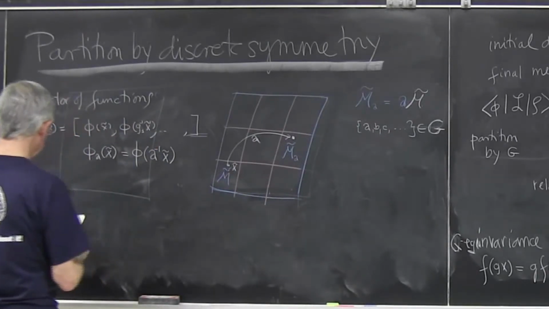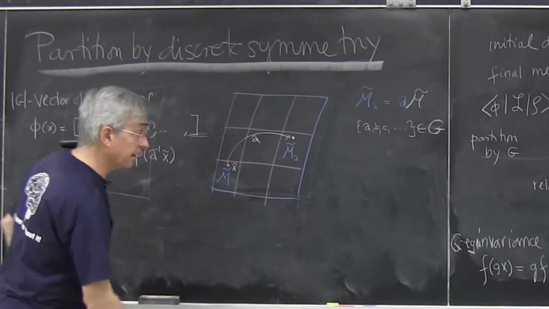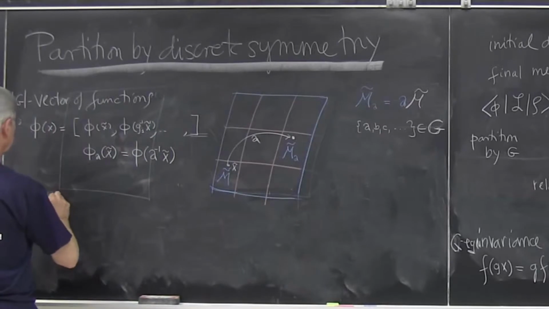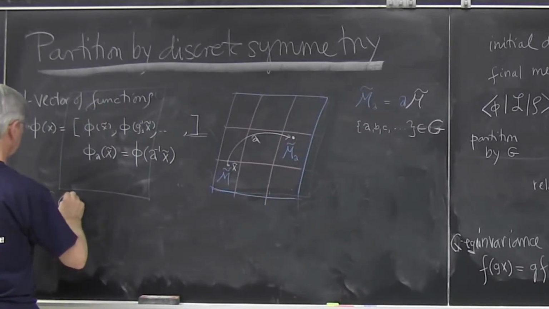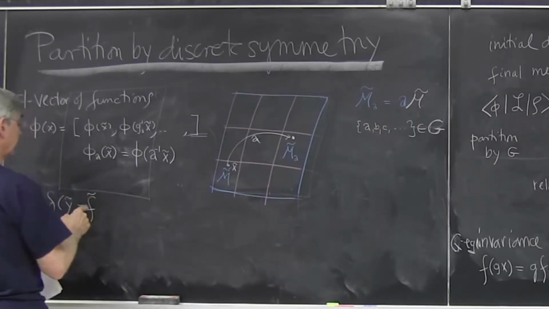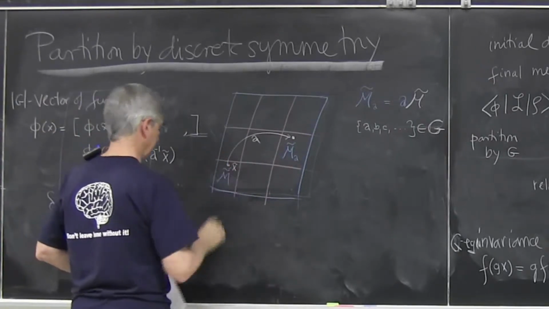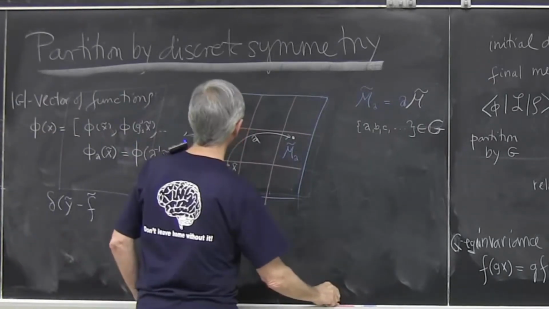Then I can write this thing that I have there. I can write delta y minus. And now I'll define a map that only stays within the fundamental domain.